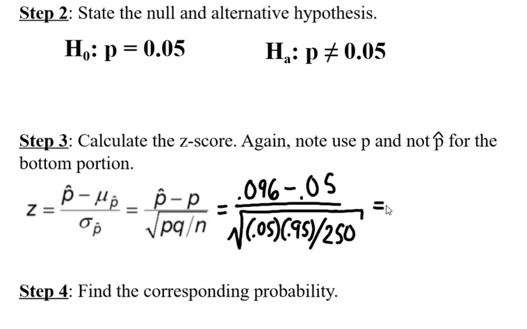So we get 0.096 minus 0.05, that would be 0.046, divided by the bottom: 0.05 times 0.95 divided by 250, and then take the square root of that number, and we get 0.0138. Dividing those two, we get a z-score of 3.33.